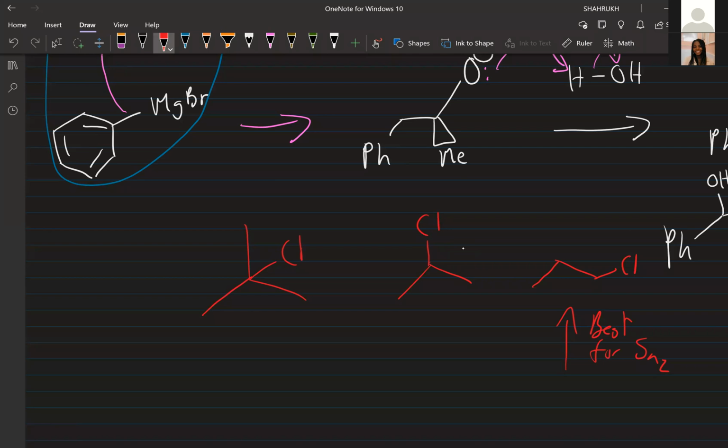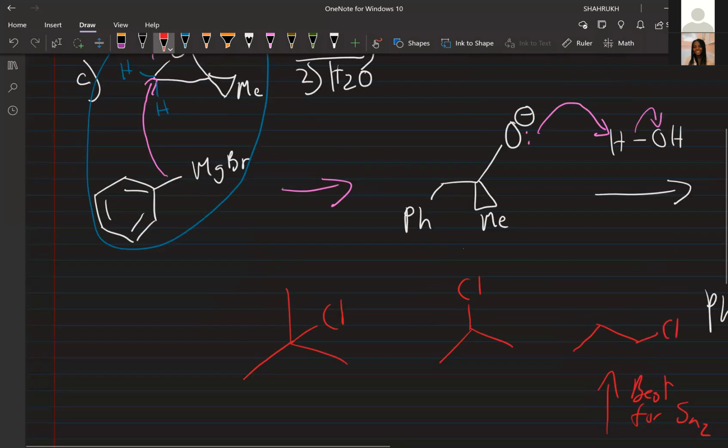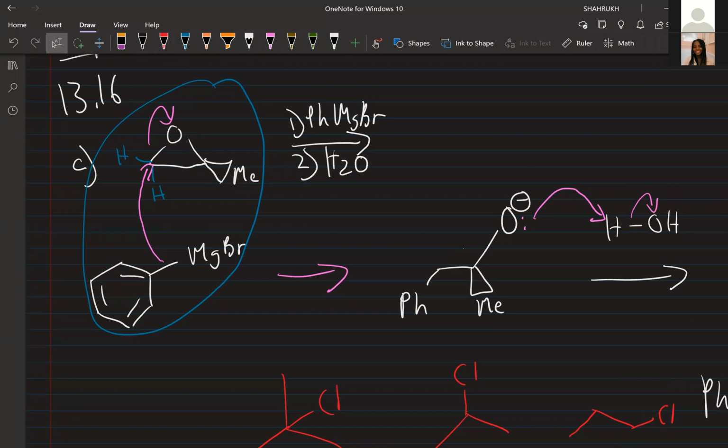So when your nucleophile is coming to attack, remember, instead of just paper and pen drawings, think of them as clouds of electron density. This area, let's circle with red again, has a lot more electron density, it has a methyl group, and it has that whole epoxide. It's going to be harder for the nucleophile to come in there and attach itself.